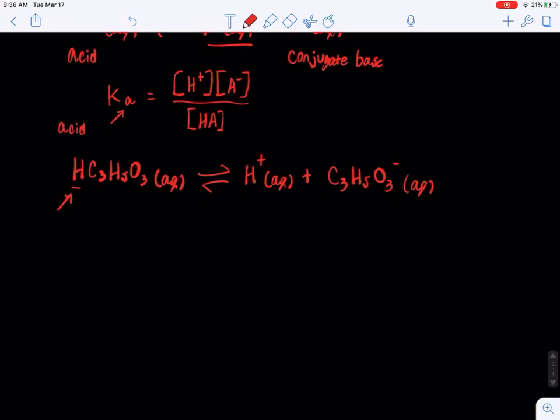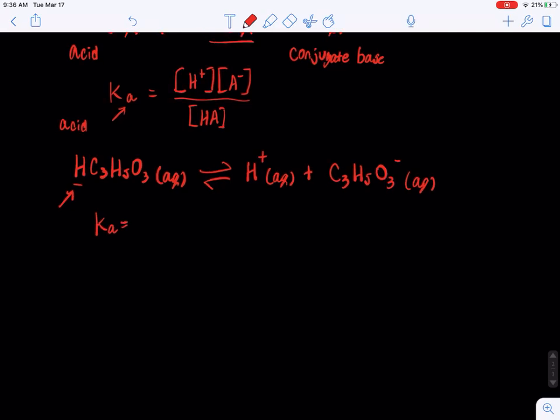And what we can do now is write the equilibrium value for this. Ka is going to be equal to products over reactants. So it's going to be H+ times C3H5O3 minus over HC3H5O3.